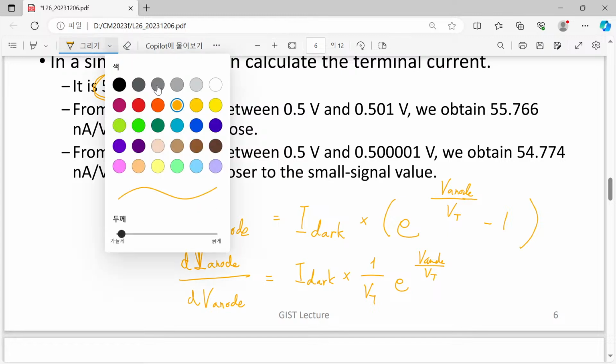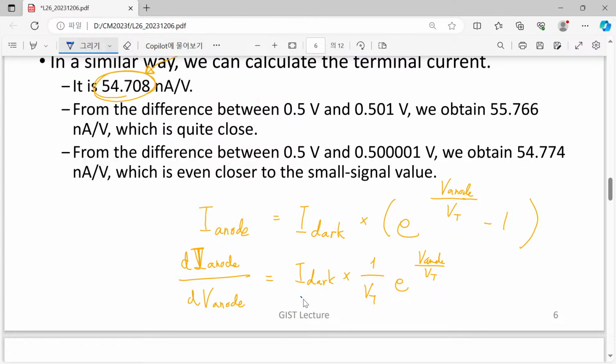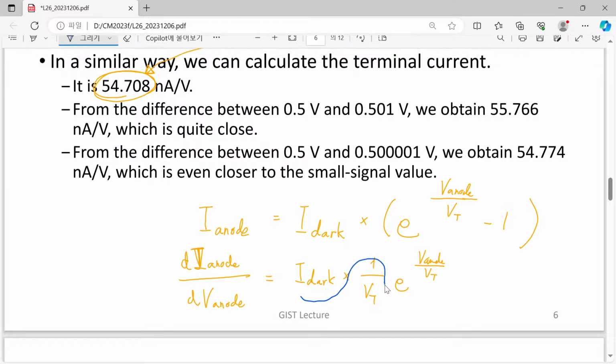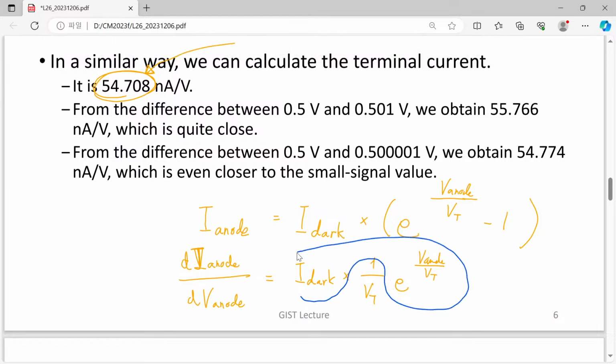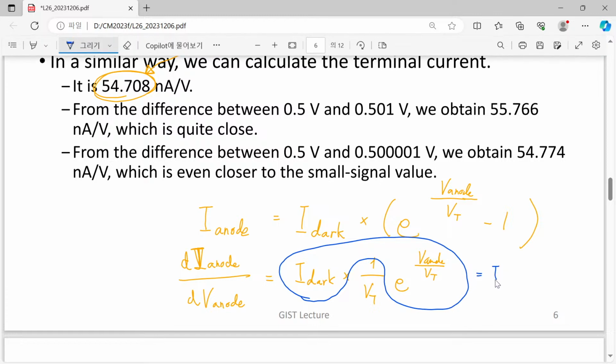Then you know that this is almost identical to the anode current itself, because here, although we have here -1 factor, however this -1 doesn't make any sense because this exponential function gives you really very large number.